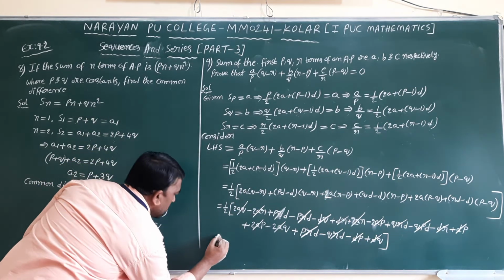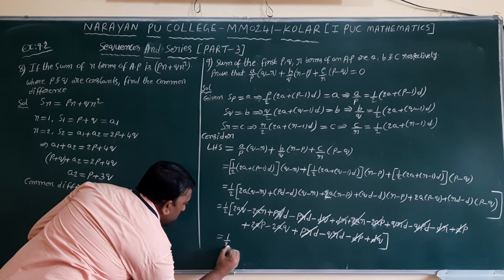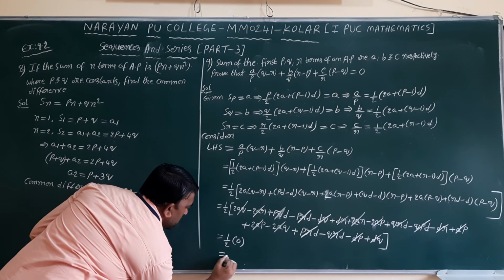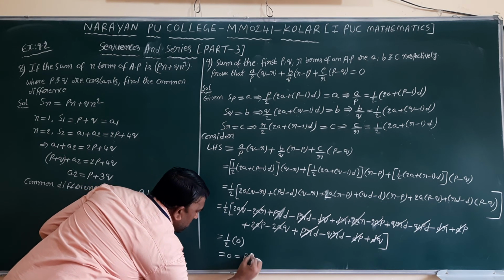All terms cancel. 1 by 2 into 0 is 0, that is the RHS value.